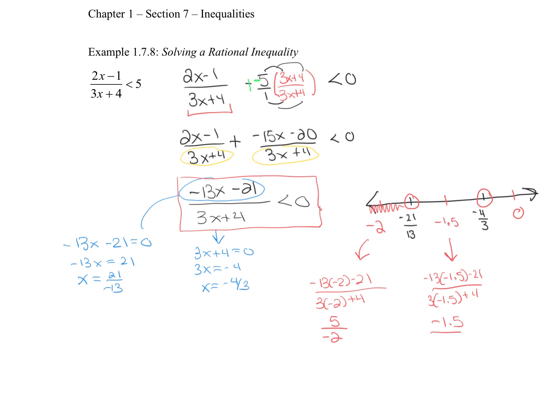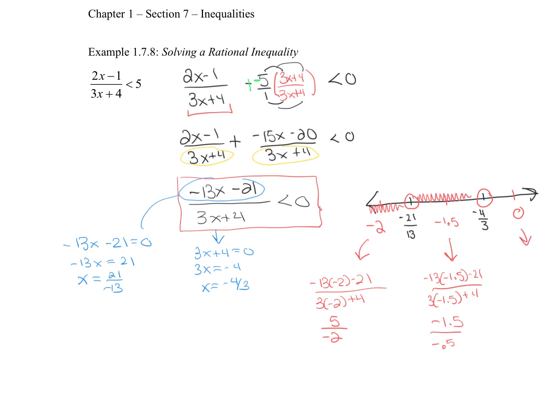On bottom, I'm going to get negative 4.5, and then I add 4 and get negative 0.5. So a negative divided by negative is a positive, so I'm going to shade above.